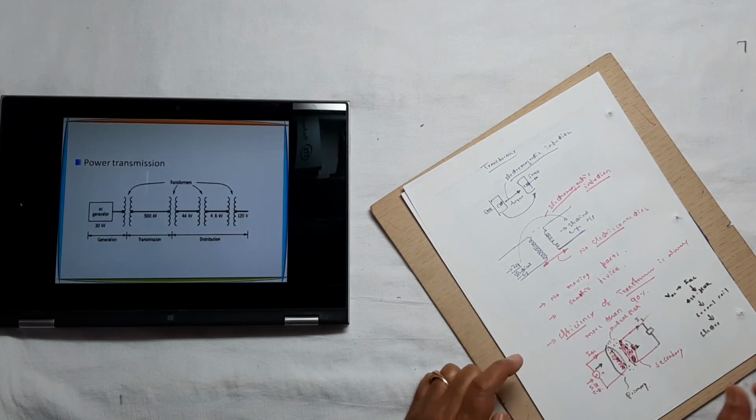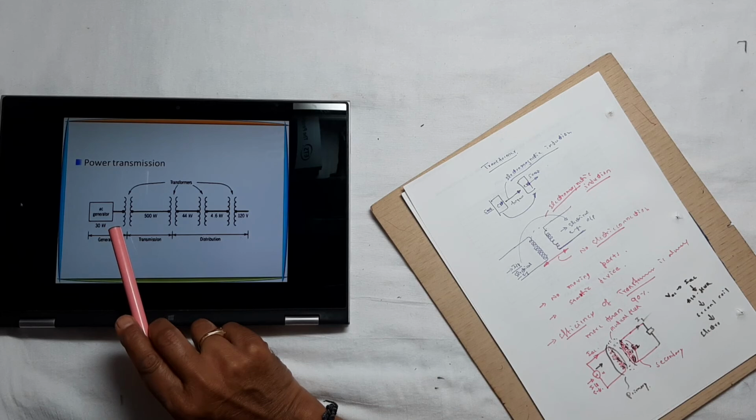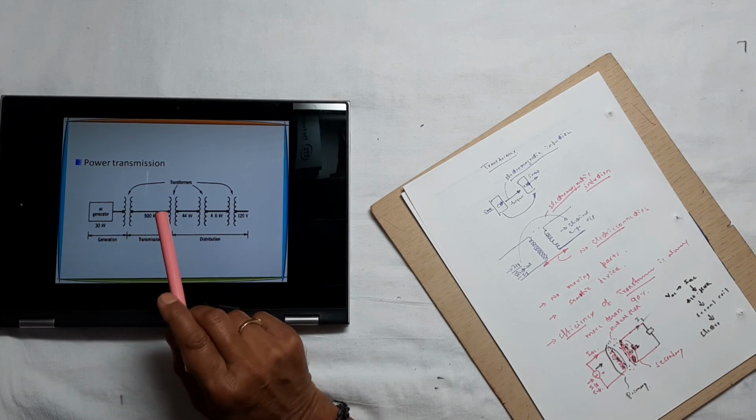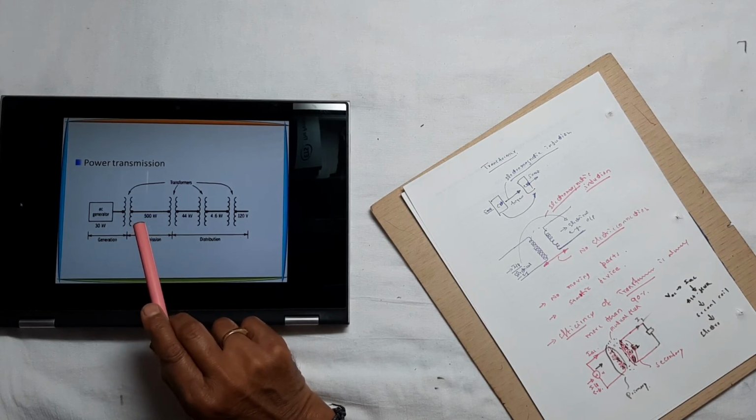Okay. Then the importance of the transformer in a power transmission system: usually the voltage is generated at a maximum of around 30 kilovolts, and in the power plant we have a step-up transformer. We step up the voltage from 30 kilovolts to nearly 500 kilovolts, and then transfer the energy at 500 kilovolts.